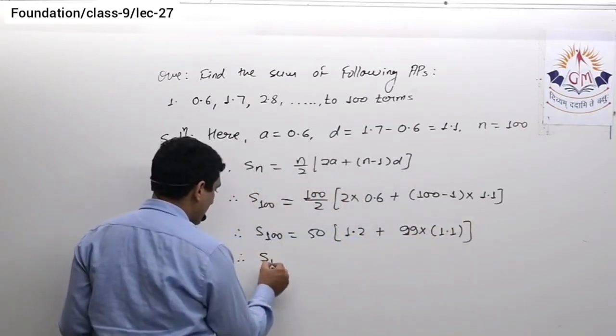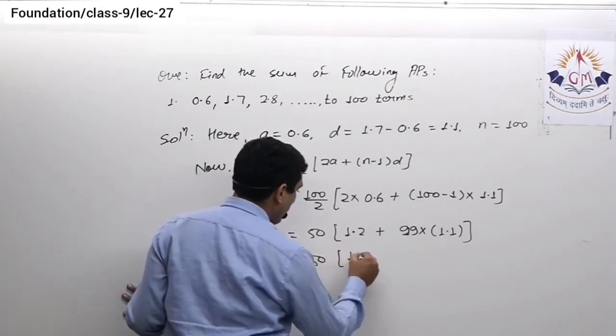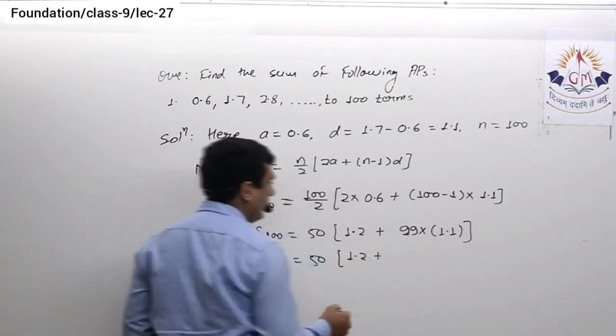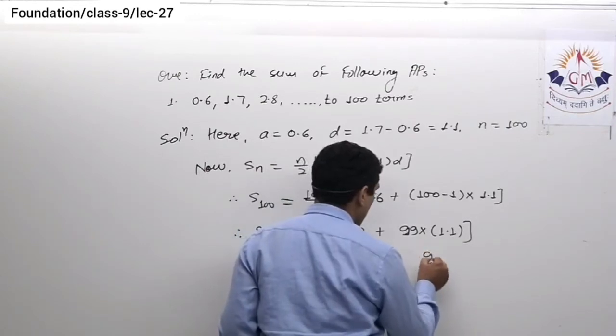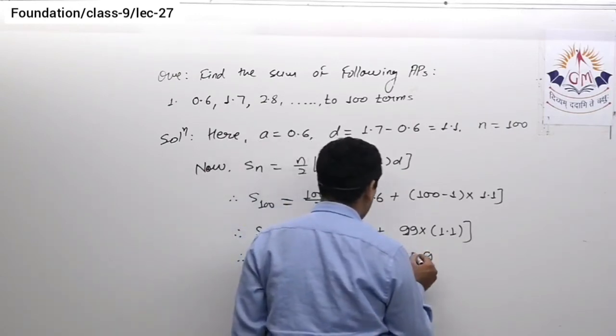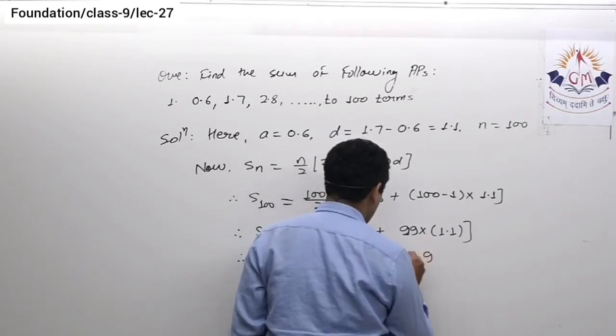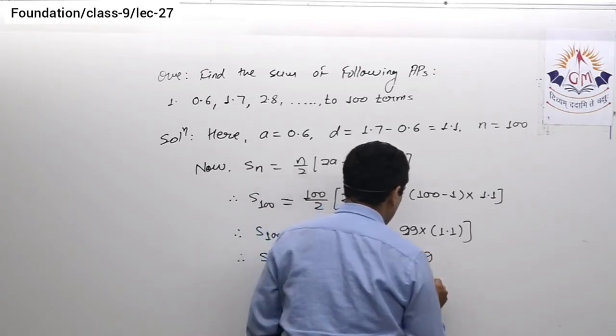So S100 is equal to 50 into 1.2 plus, now over there multiplication, 108.9.